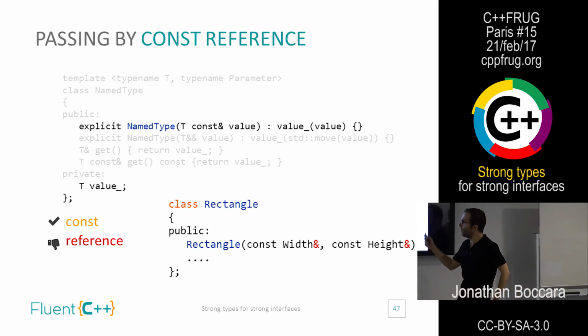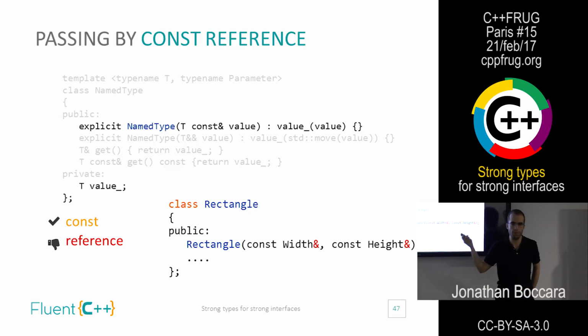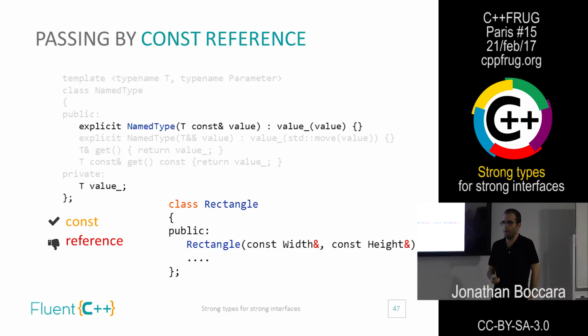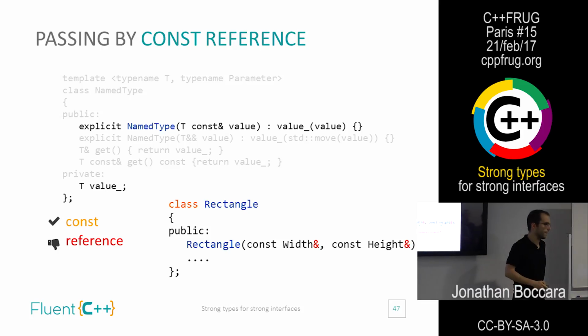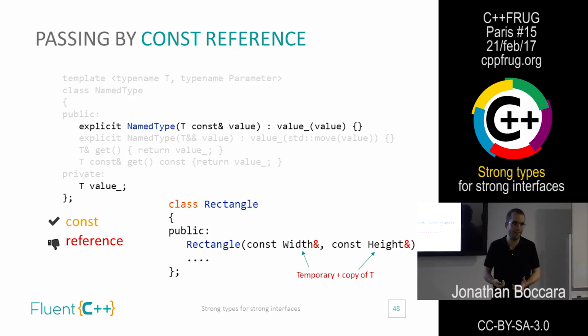Because if we write passing by reference like we would do with a normal type, not a NamedType, then this does something that's completely different from passing by reference in general, right? Because you're still making a copy because you need to build the width object with something, and this something has been copied. So you can't pass them by reference just like that. So there is something that needs to be done.